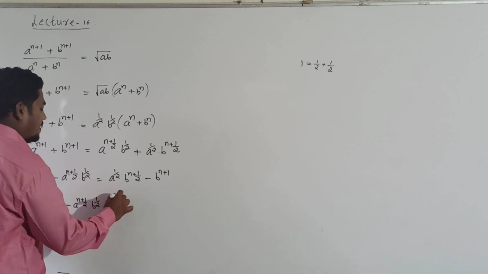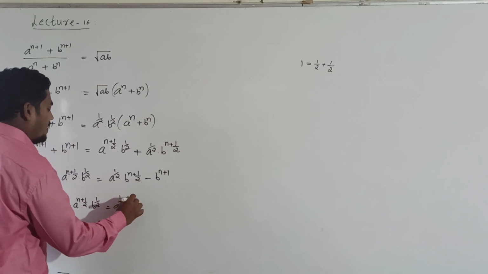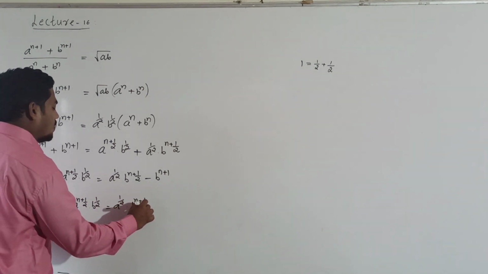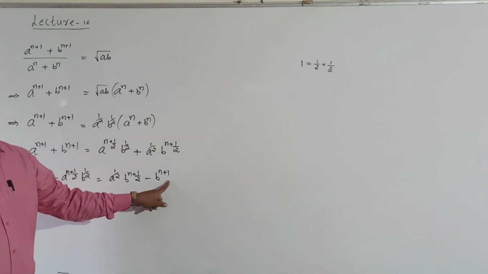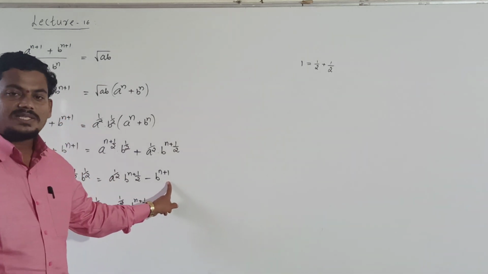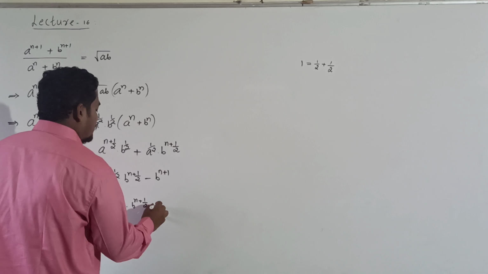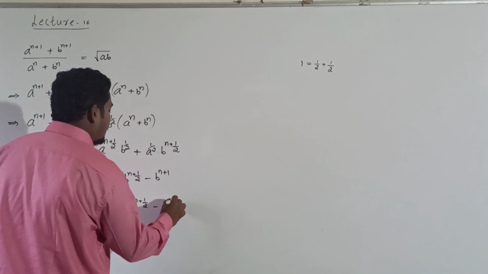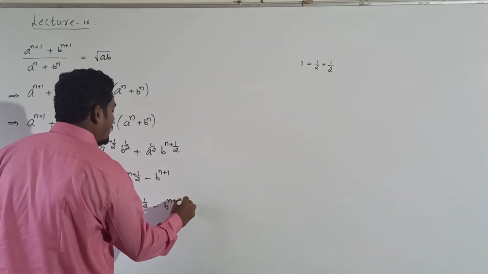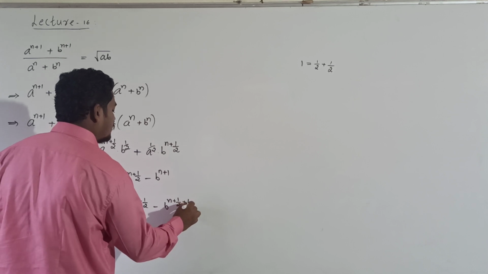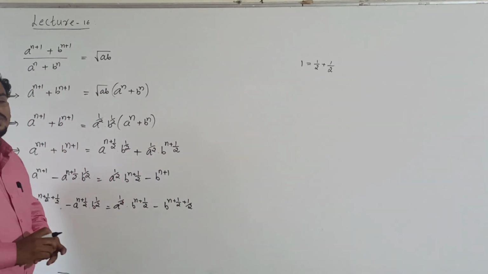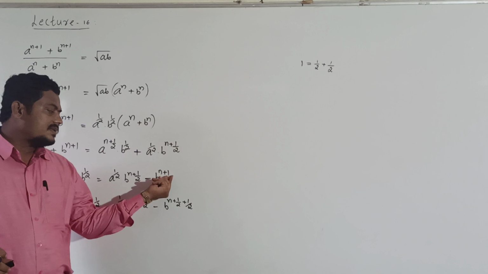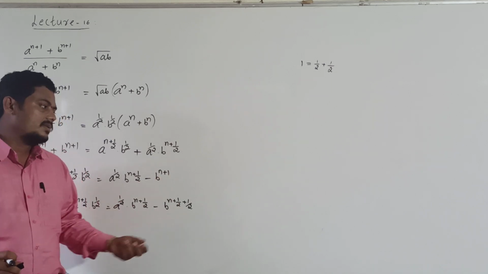In RHS, a^(1/2) into b^(n+1/2) minus, I will write this 1 as 1/2 plus 1/2. Then it becomes b^(n+1/2+1/2). 1/2 plus 1/2 is nothing but 1 only.